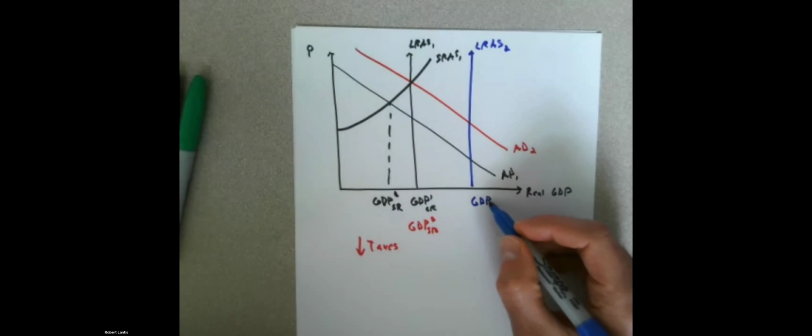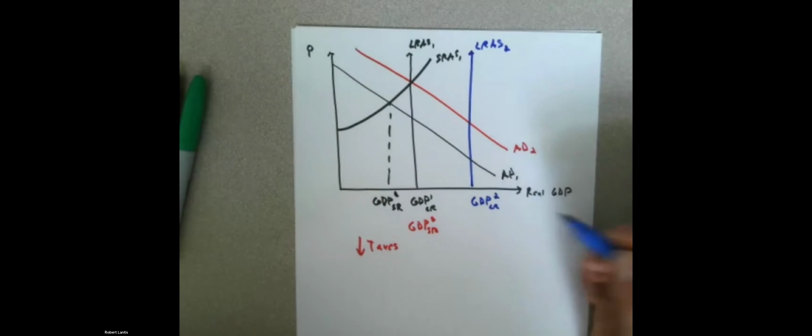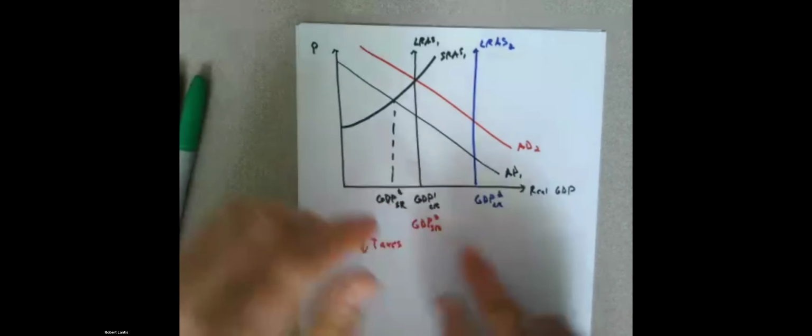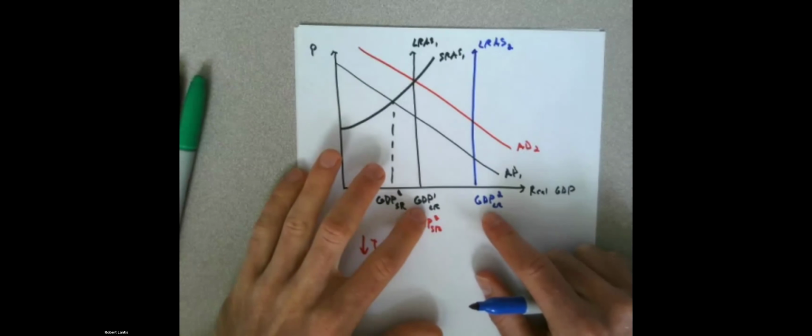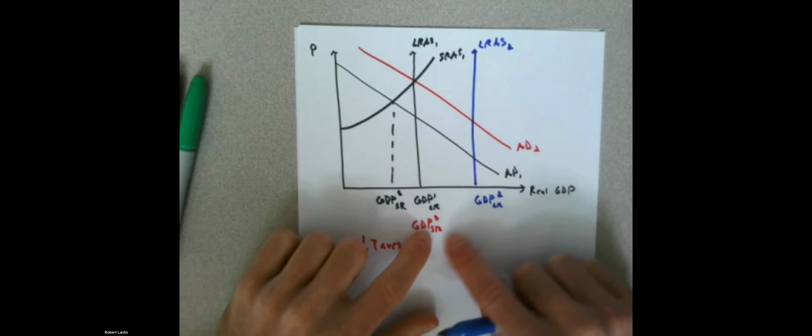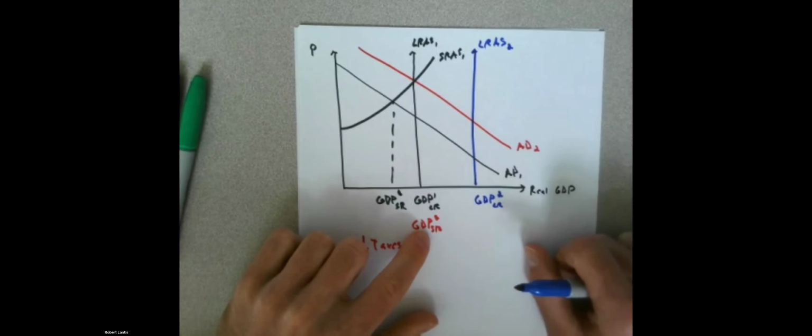Our new long run GDP would be somewhere out here. Now, what has happened, right? Well, our short run GDP now is still too low. We initially thought we were closing that recessionary gap, but because of the secondary effect, which was on one of these factors of pull, we still have a recessionary gap. It's just that we're now comparing different short and long run GDP levels.